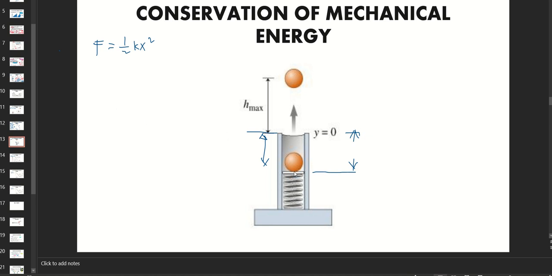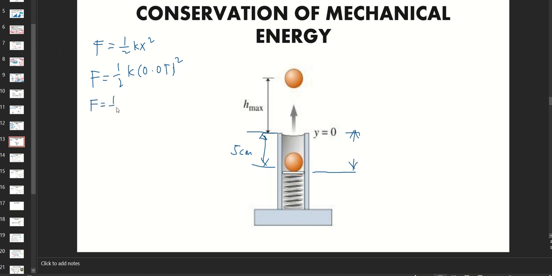So if you compress the spring like this, for example, if you compress the spring at 5 cm, so that's the force equivalent to 1/2 k times 0.05 squared. So let's say that the spring constant of this one is, let's say, yung dati, 2,000.